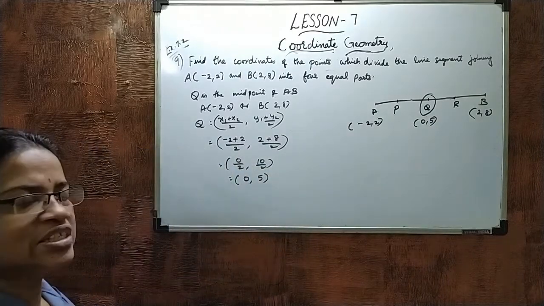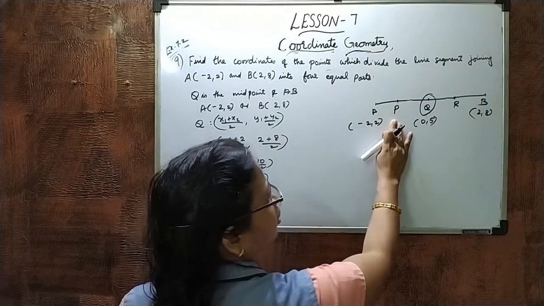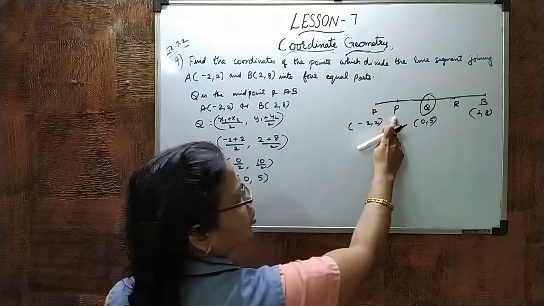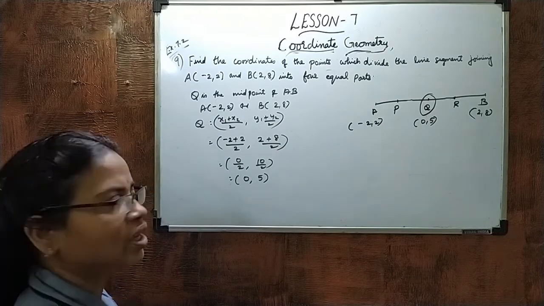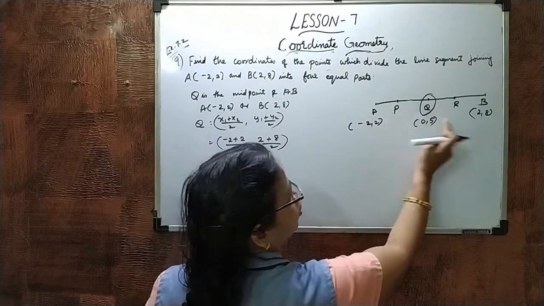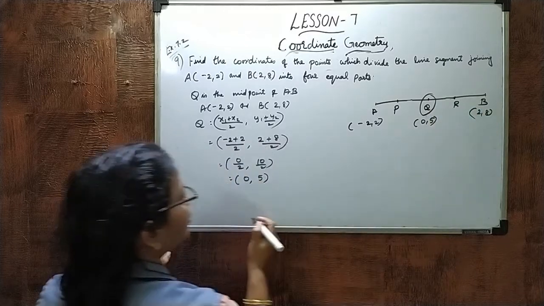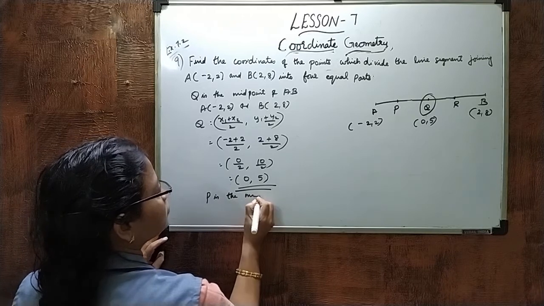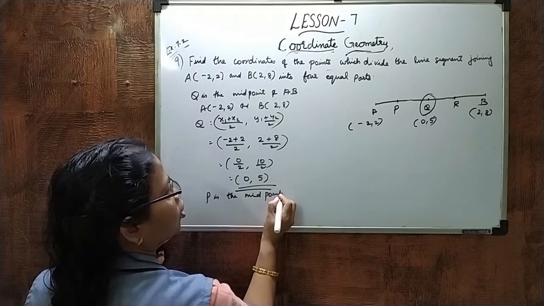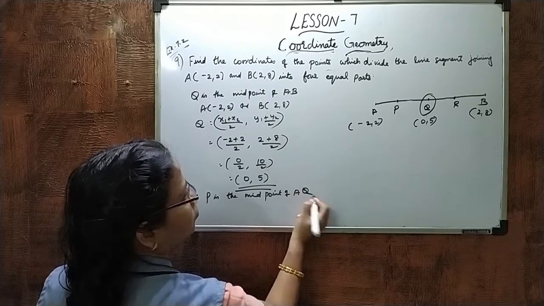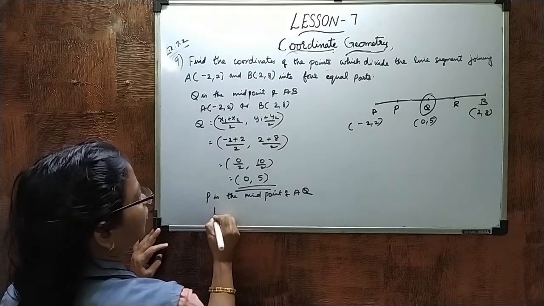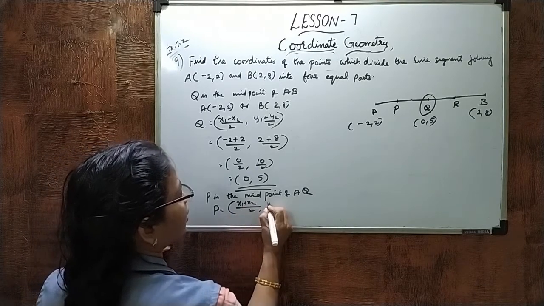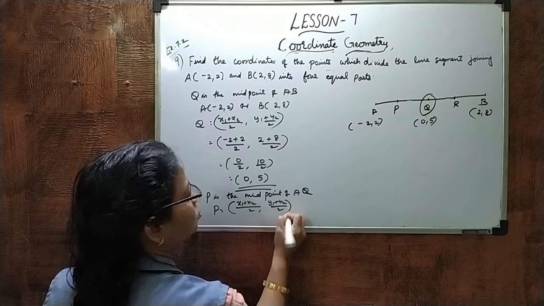Right? Now what is the next step then? Now P, how can you find out? P is the middle point of AQ. Right? P is the middle, equal distances they told you. So P is the middle point of AQ, R is the middle point of QB. So P is the midpoint of AQ, right? Then P equals the same thing, (x1 plus x2) by 2 and then (y1 plus y2) by 2.